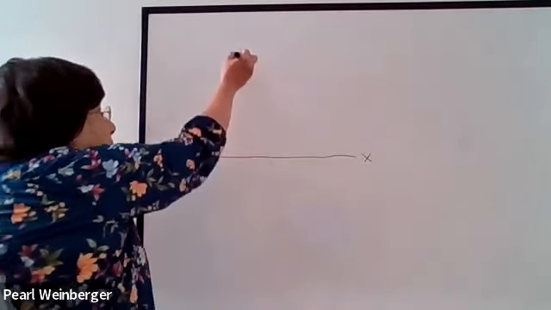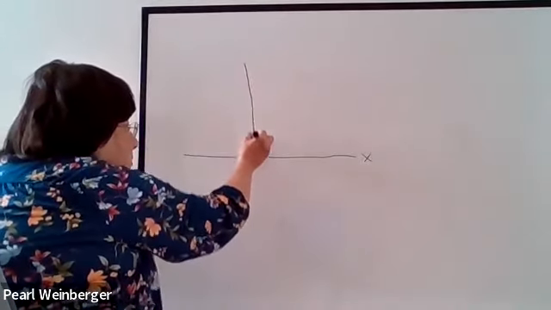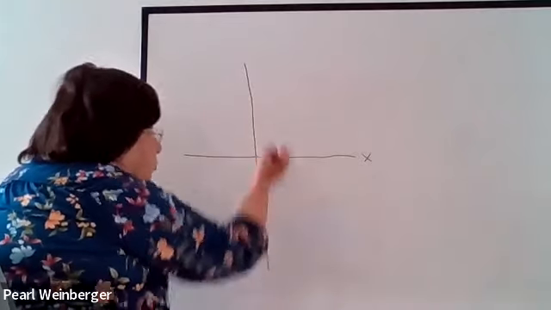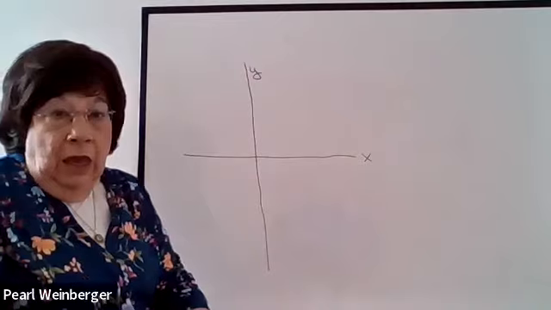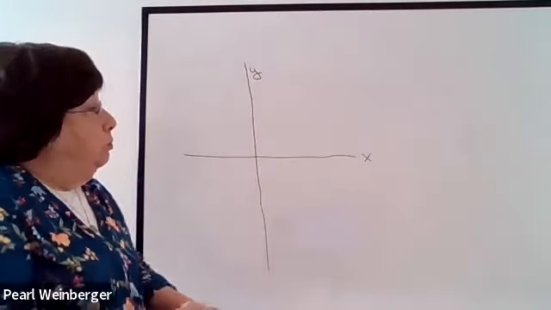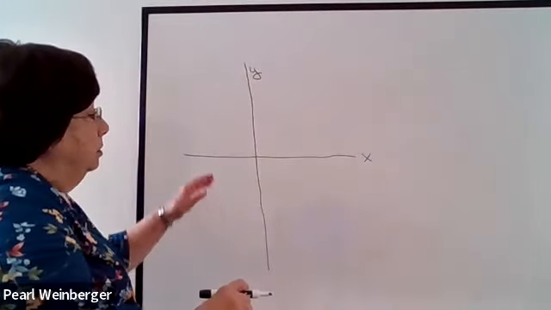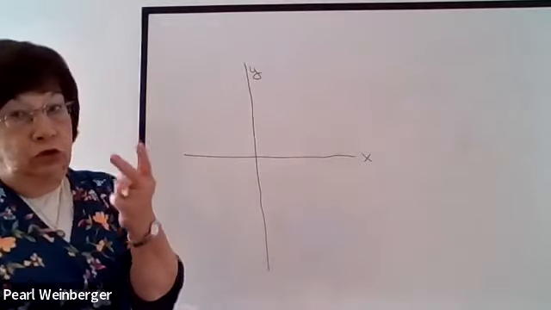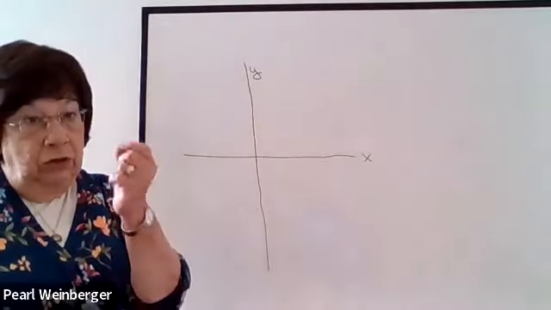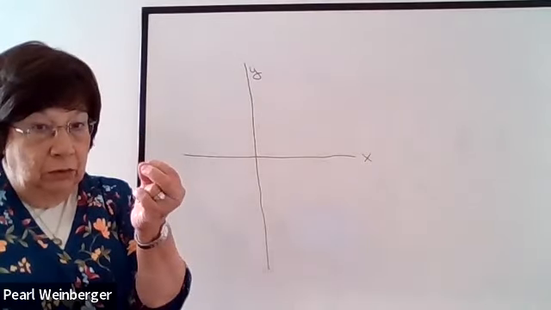And we have a vertical axis, which is called the y-axis. And each point on the plane is assigned two numbers. So one point gets two numbers.